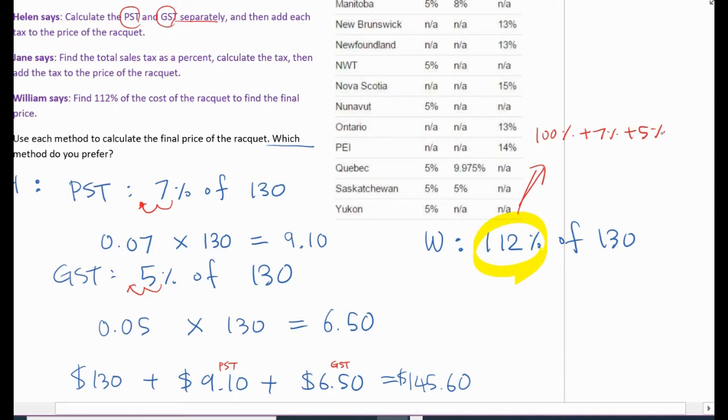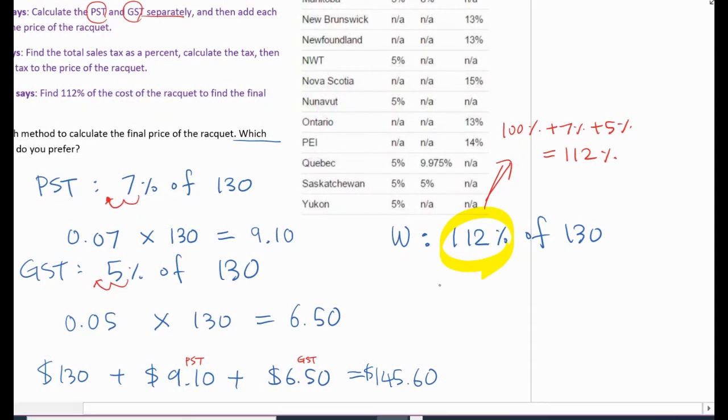Since you pay more money, you have to add GST and PST. That becomes 112%. You find 112% of 130. Then you move two decimal places, and that is 1.12 times 130.